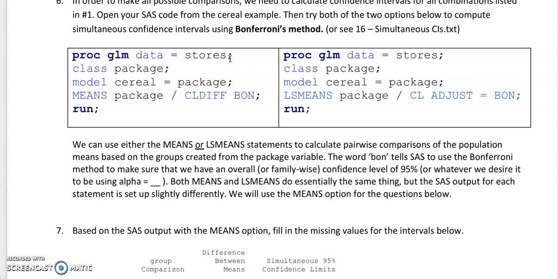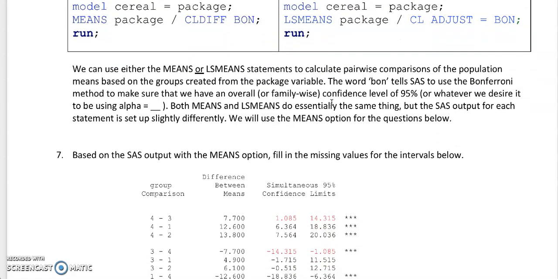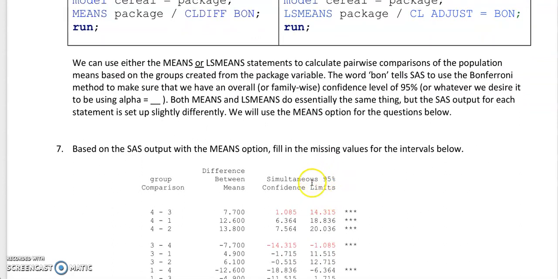And what you'll see is that that changes your simultaneous confidence level when you add this means line or this ls means line. And so I would go down and I would see that now it said that I was 90% simultaneously confident. All right?